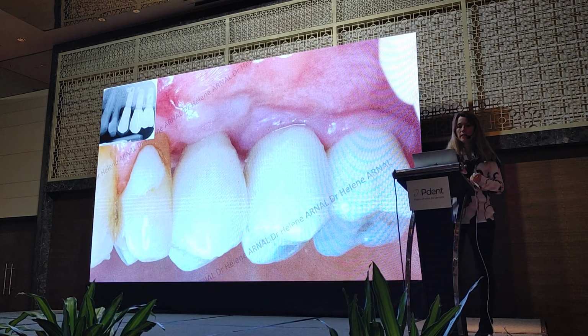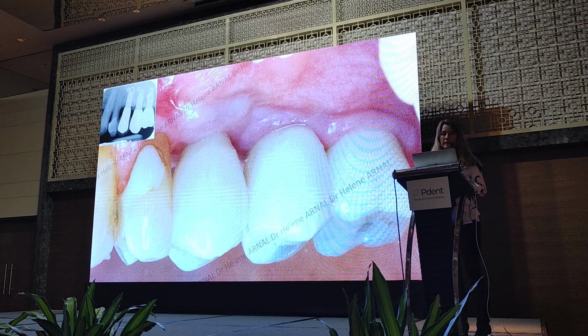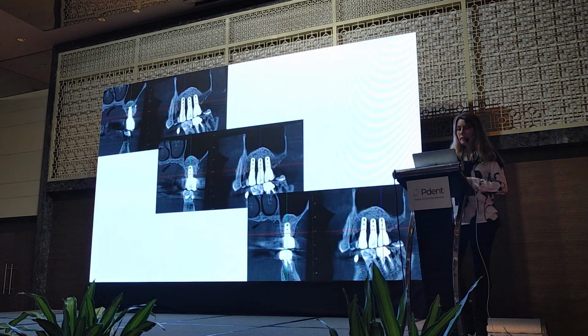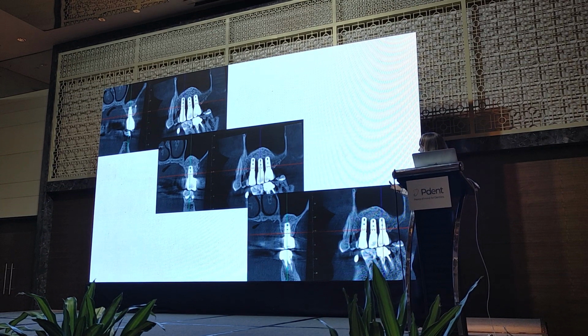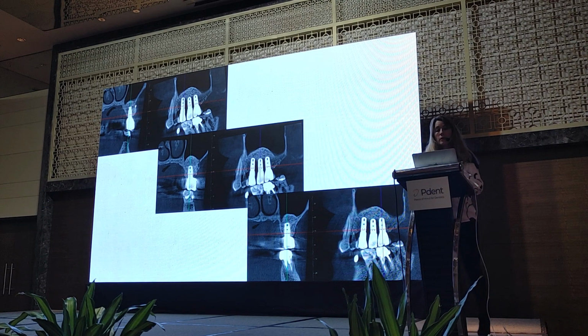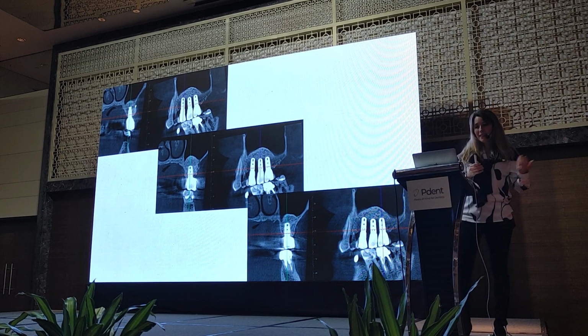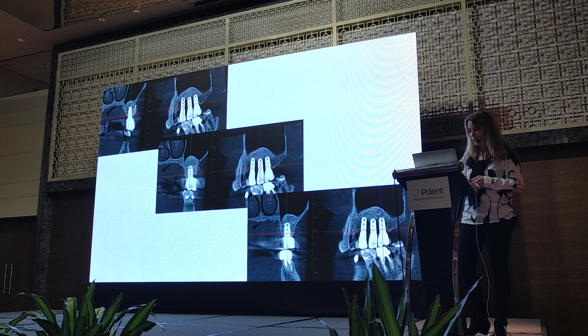And at the end, we could finish and have a beautiful result. And I saw him again recently, a few years after that, and I can show you that the level of the bone and the bone thickness is stable, because this patient lost another tooth, so I could do another CBCT.